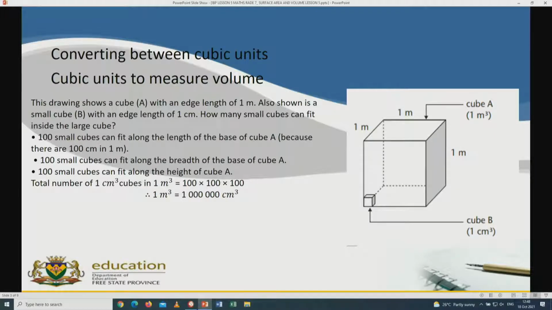Then the third bullet: 100 small cubes can fit along the height of the cube, as I have shown you in the drawing.